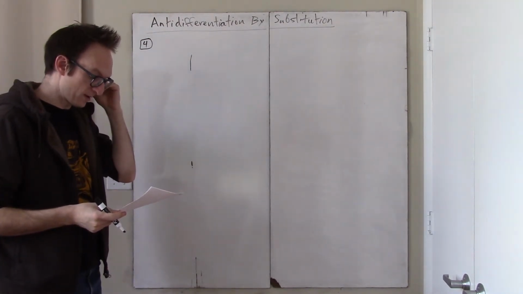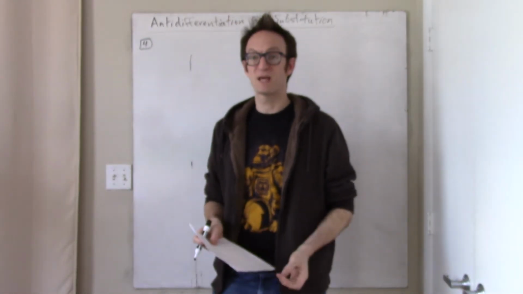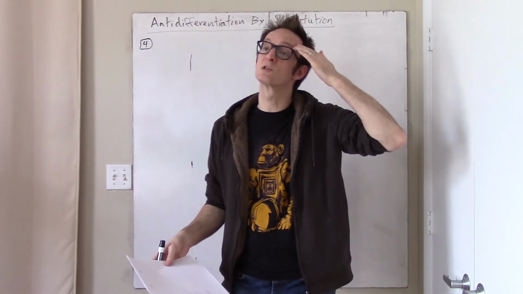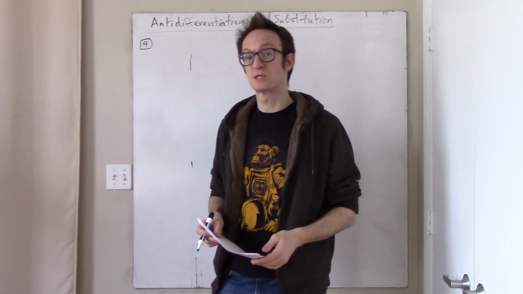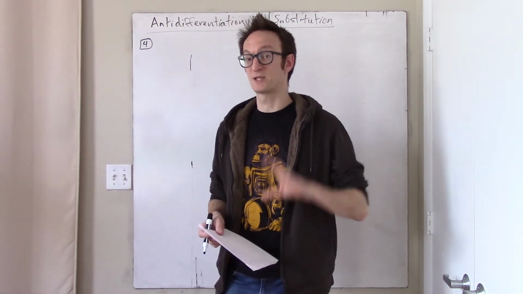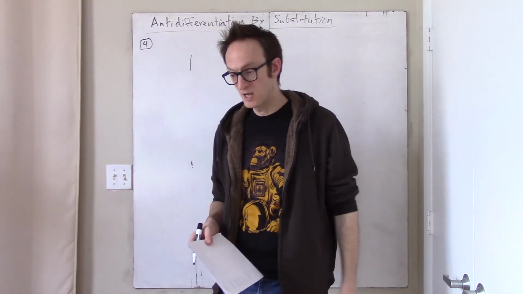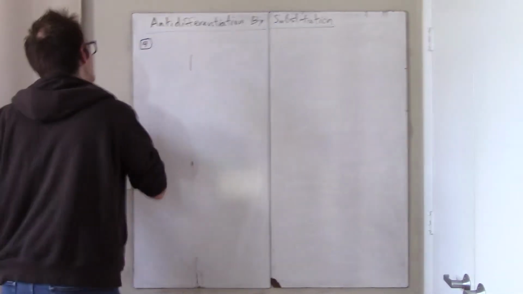Let's do a problem. Here's what we're doing. There's this 8-page packet called Antidifferentiation by Method of Substitution. It's the packet that I usually use to teach this topic, although I don't know if that's a good idea, because I think it's objectively harder than the previous packet. So I moved it around this year. Anyway, page 1 we sort of talked about already, so we're jumping right to page 2.